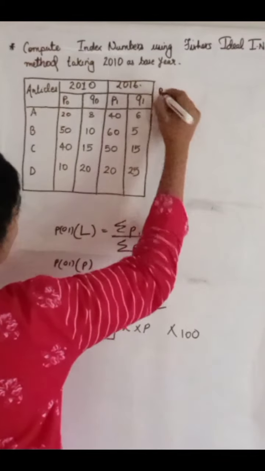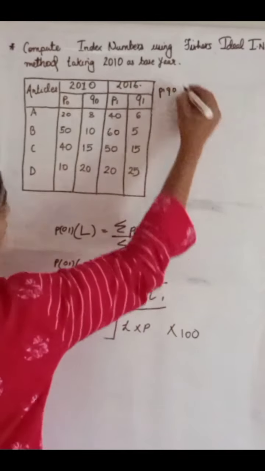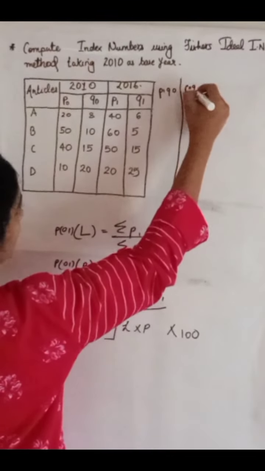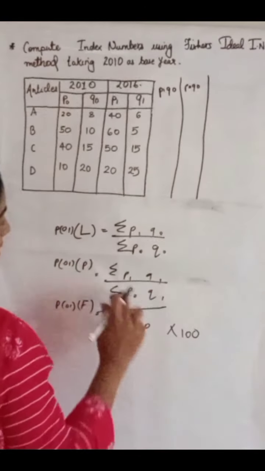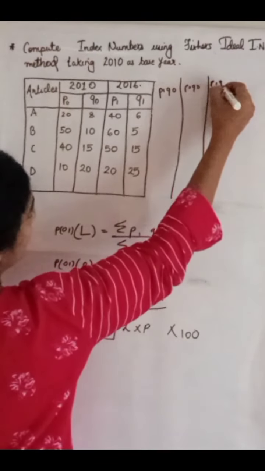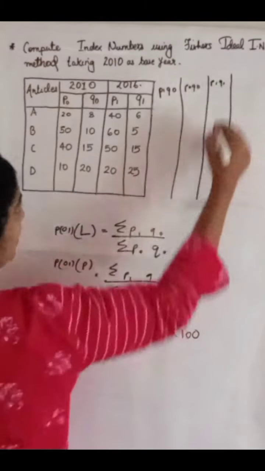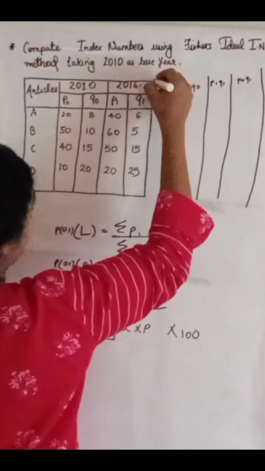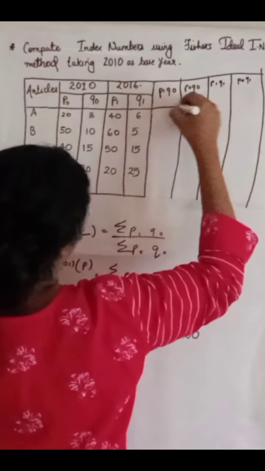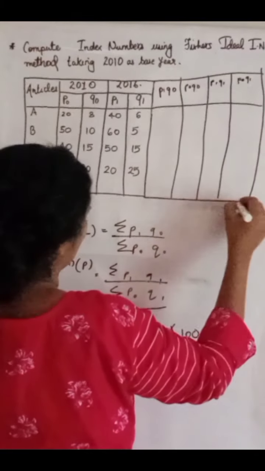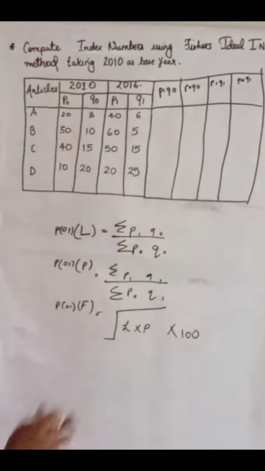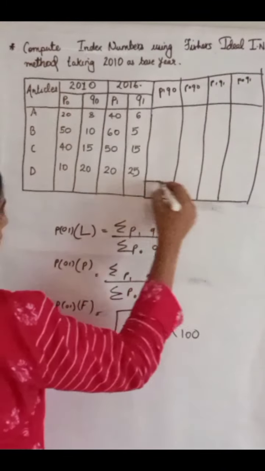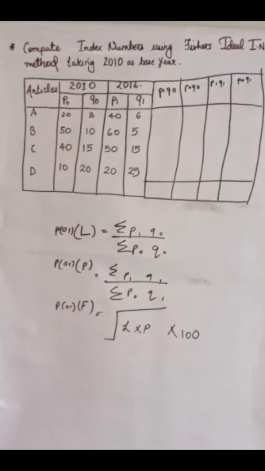Let's make columns with the names P1Q0, P0Q0, P1Q1, P0Q1. So we are going to multiply prices and quantities, then take the summation of all. So let's calculate.